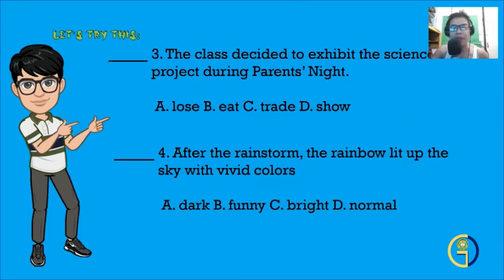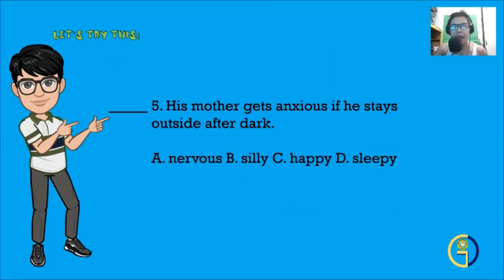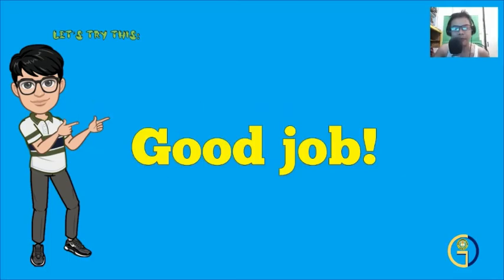For number 3, the unfamiliar word is exhibit. It means show. Number 4, the unfamiliar word is vivid. It means bright. For number 5, the unfamiliar word is anxious. And it means nervous. Good job!